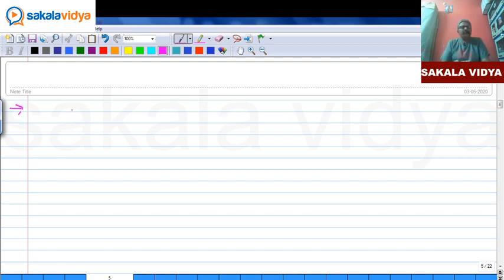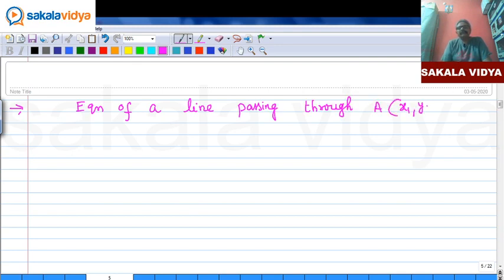So for example, the equation of a line passing through A (x1, y1) with slope m is y minus y1 is equal to m into (x minus x1).